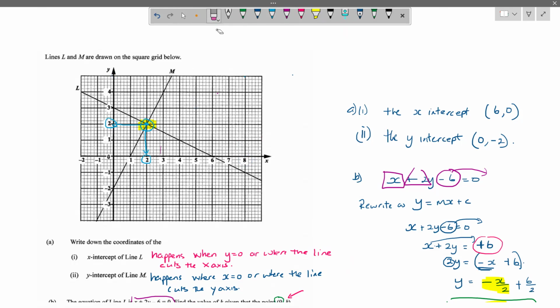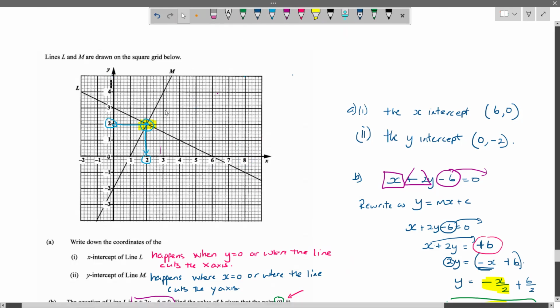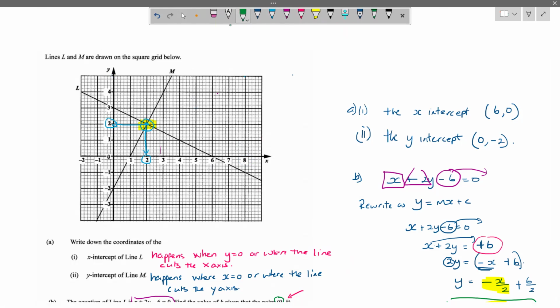So for this particular pair of equations, if we have to solve them using the graphical method, we're looking at where the two lines intersect. And you take note of that point, and you find the coordinates of that point. So the coordinates of this point are 2, 2.